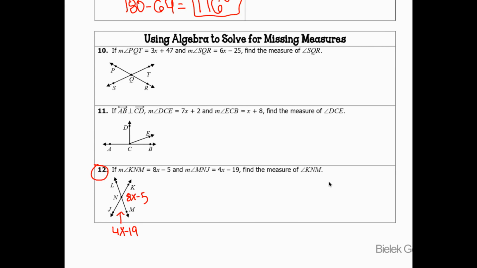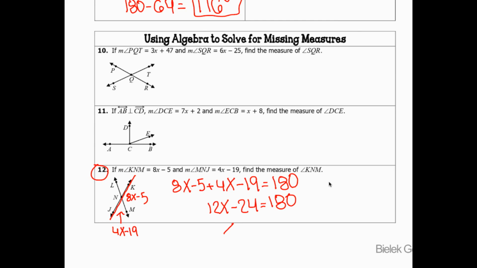So what I notice about these two angles is that they form a line, so they have to add up to 180. So I'm going to say 8x minus 5 plus 4x minus 19 equals 180. Simplifying, that's 12x minus 24 equals 180. So x would have to be 17.